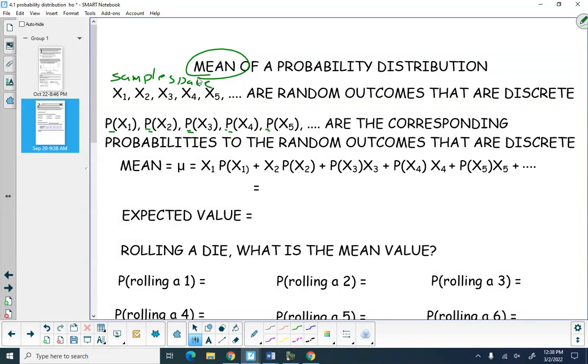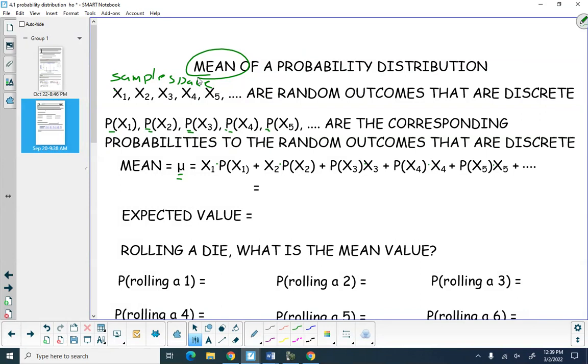We can calculate the mean of this. Our mean, mu, is found by taking our outcome and multiplying it by the probability of that outcome.